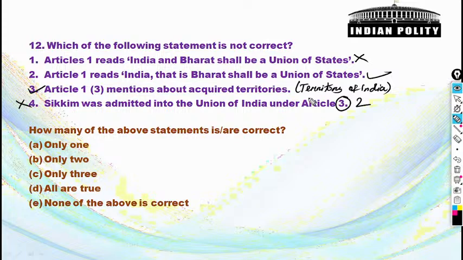So obviously it comes under clause 3 subclause C. And Article 1 clause 2 says that the states and territories shall be specified in the First Schedule. That is correct. Only 2 are correct, 2 and 3 are correct. So only 2, B.